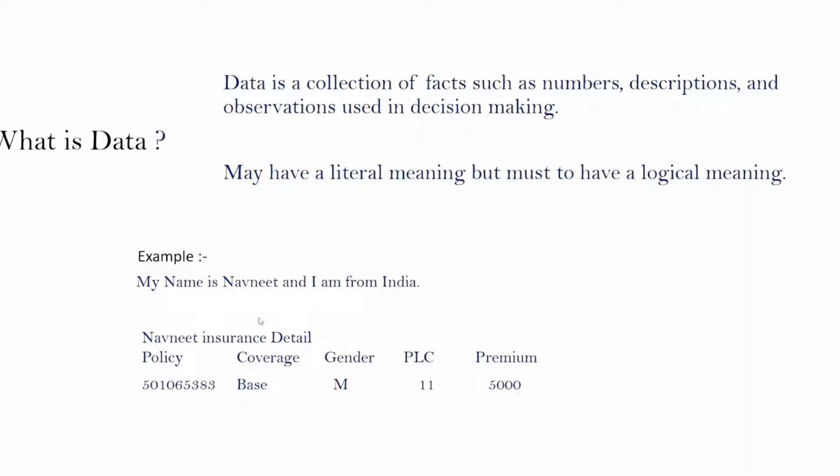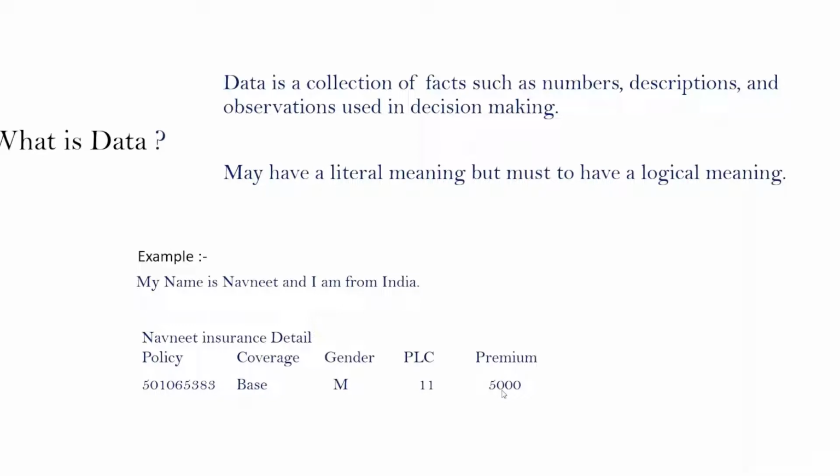If you write this whole section on a paper and give it to a random person, even if he is not aware who Navneet is, he will be able to say this is the insurance detail of Navneet. Like this number is a policy, base is the coverage for that policy, his gender is male, so it is represented as M. Maybe some kind of product is called PLC, so that line code is 11 and he is paying 5000.